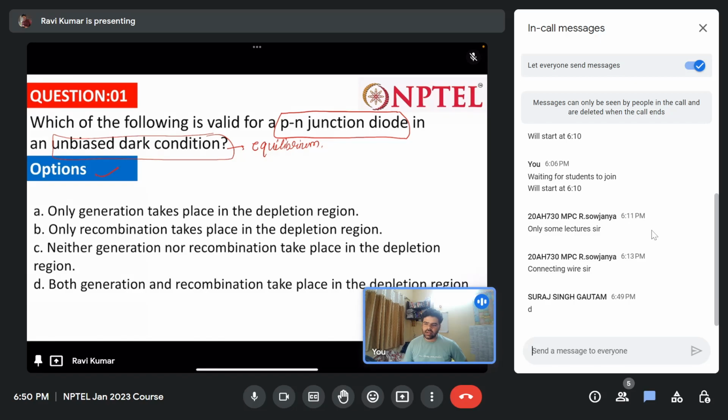But under equilibrium condition, why would generation take place?